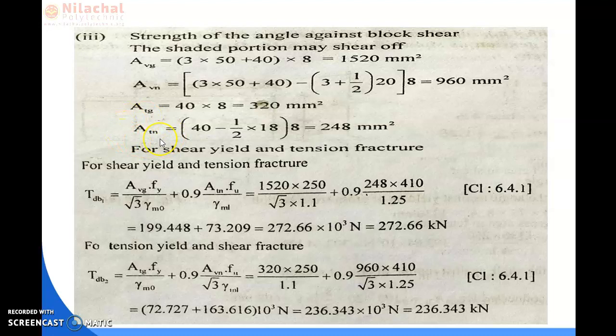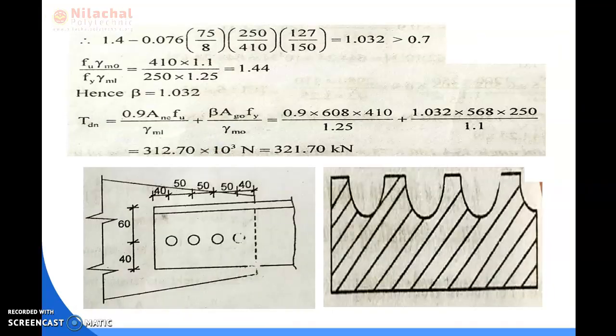And last one is your ATN, similar to AVN. So here we need to deduct the bolt hole area portion from the T line. So you can see along the T line, only this portion we have to deduct. So the number of bolt holes here is 1 by 2.